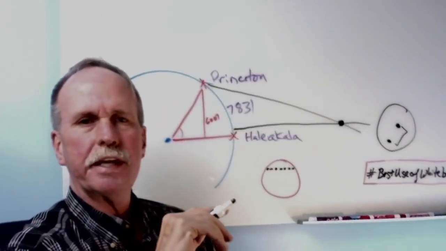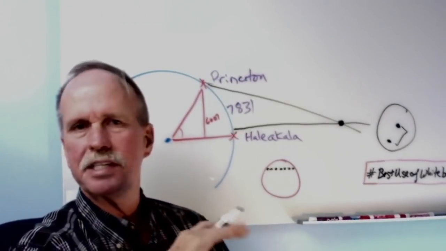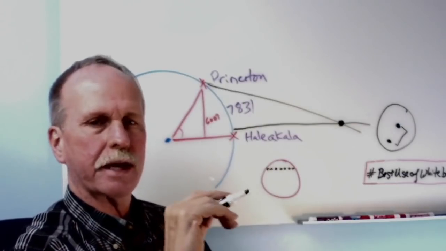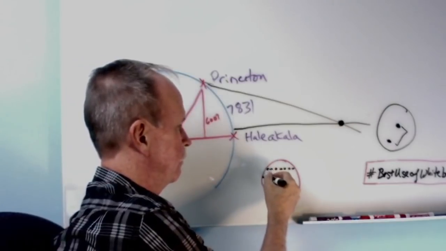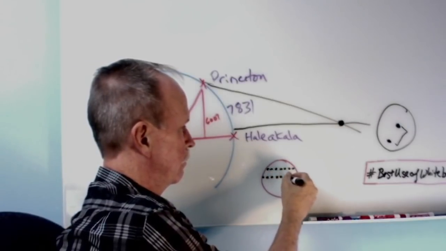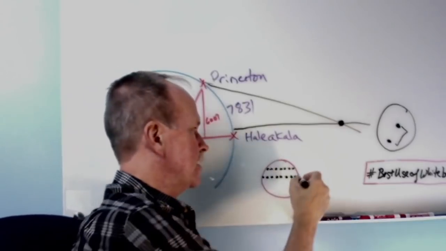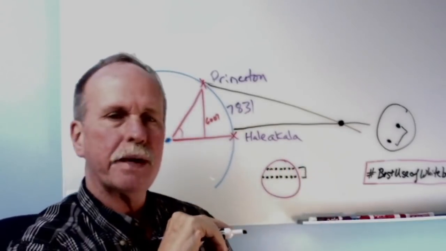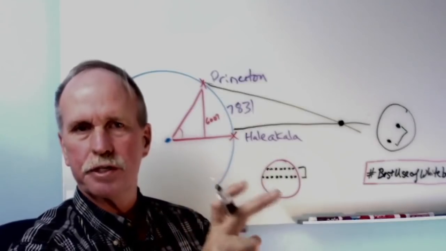Now, the interesting thing is, if you go to a different location on Earth, preferably one that's several thousand kilometers away, you'll also see Venus track across the face of the Sun, but it'll track in a different area, say here. And the difference between these two is called the parallax angle, and it is related to how far apart the two observers are.